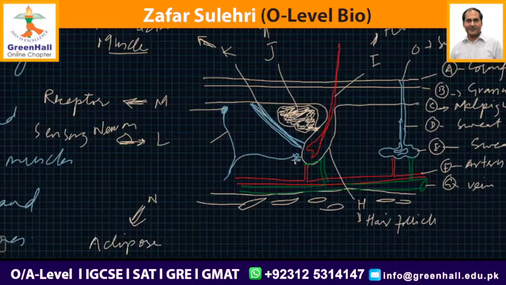Adipose layer or adipose tissue. This is a fat deposit beneath this dermis. और यहाँ से लेके यहाँ तक ये जो सारी लेयर है, this is dermis. So this is structure of skin.